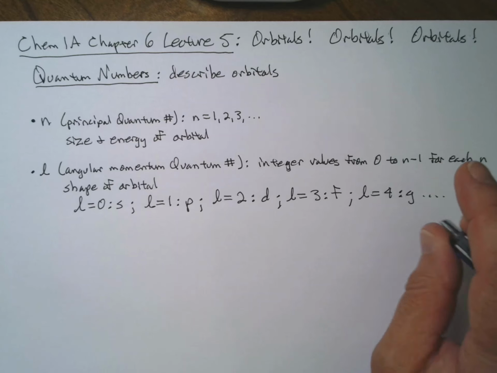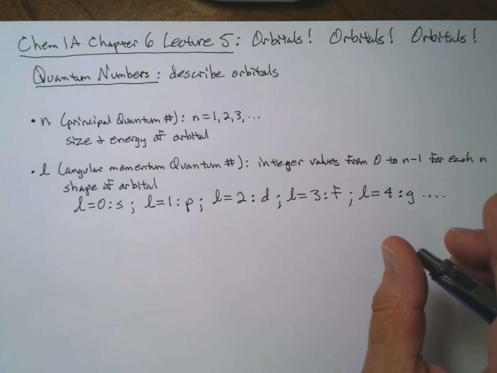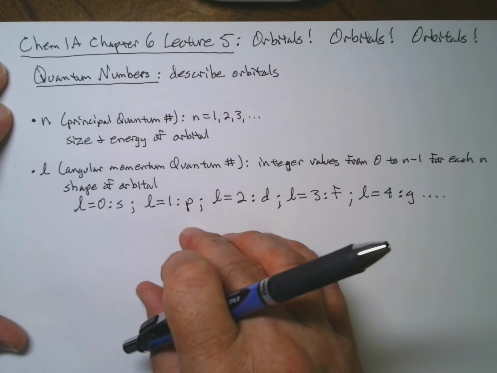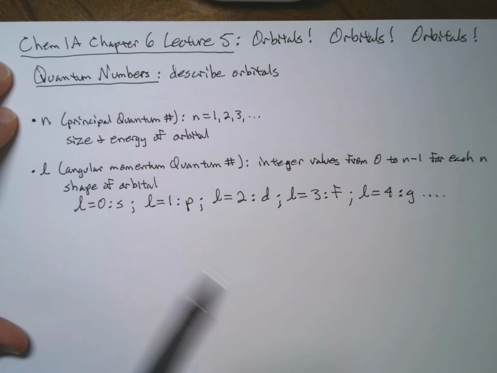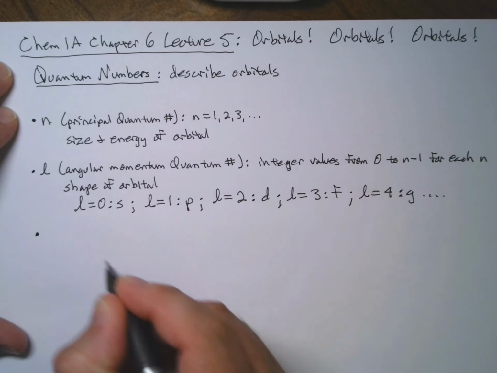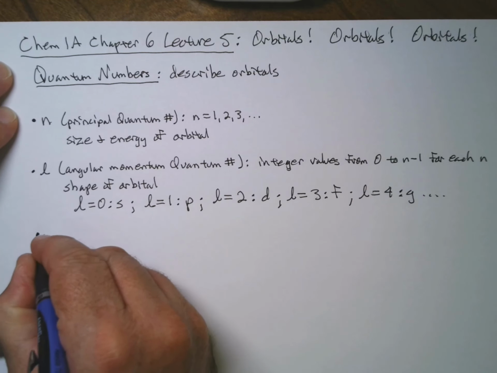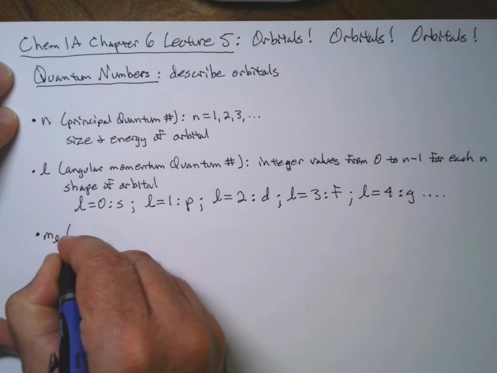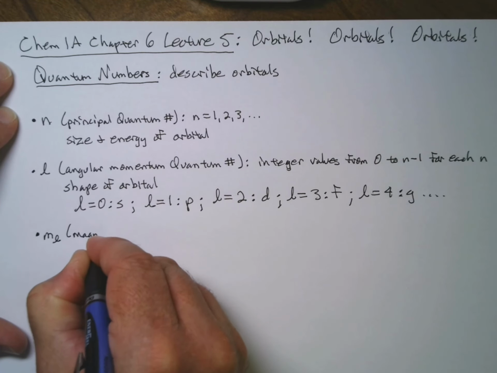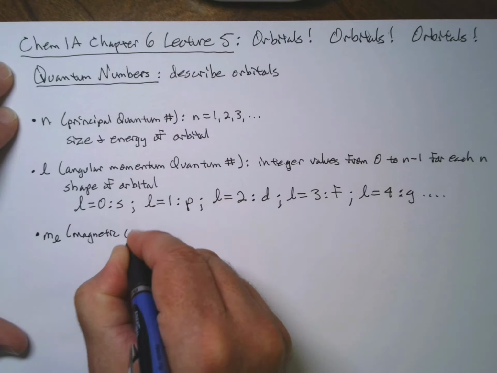Okay, two more quantum numbers before we take a look at what these shapes look like. We have m sub L, which is the magnetic quantum number.